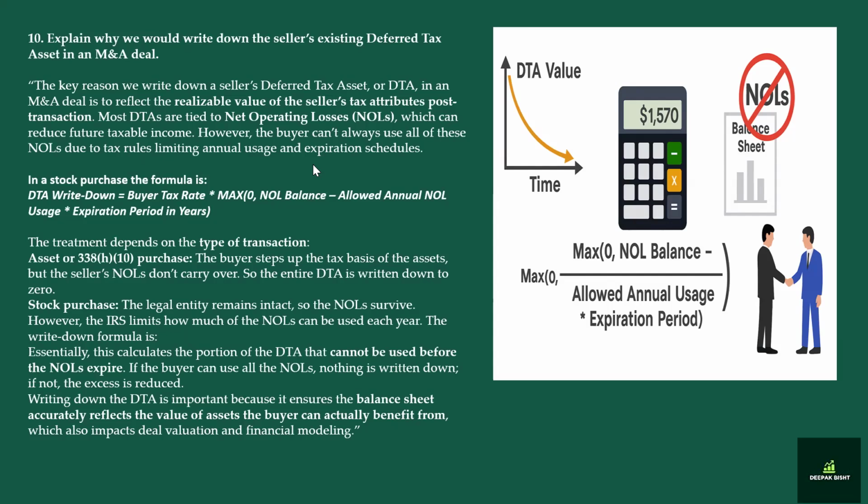If you remember, we discussed this when we covered section 382 of the IRS code. If the buyer cannot use the deferred tax asset, then it's no longer an asset, because it doesn't provide an economic benefit, and therefore accounting rules require us to write it down. So the post-deal balance sheet reflects only realizable tax benefits.